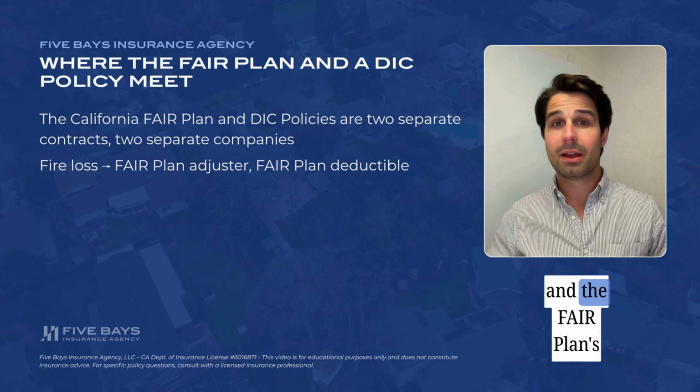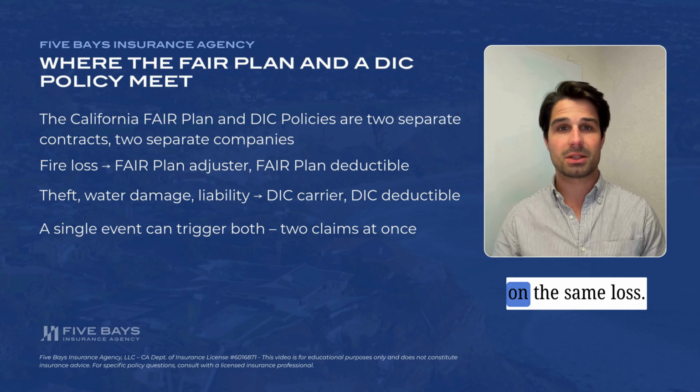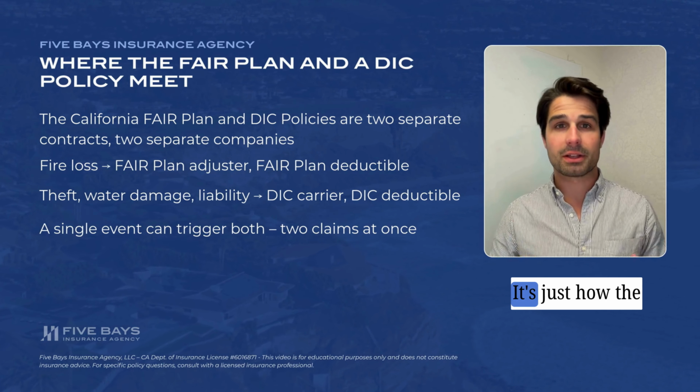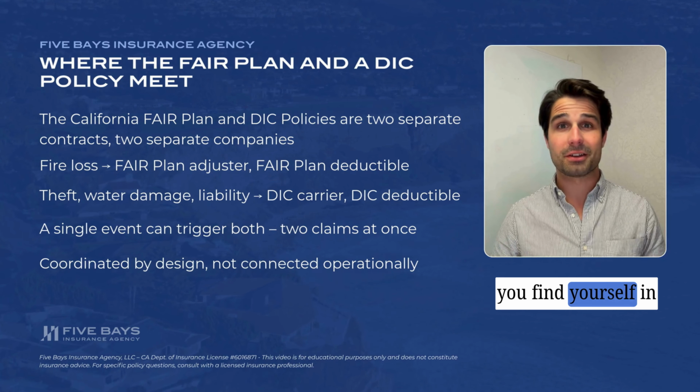But if you have a theft or a burst pipe or someone gets injured on your property, that's a claim to your DIC carrier. Different adjuster, different deductible, different process. If a single event triggers both policies, which can absolutely happen, you may be working two claims at once with two different companies on the same loss. And this isn't a flaw, it's just how the two policy structure works. But it's worth understanding before you find yourself in the middle of it.